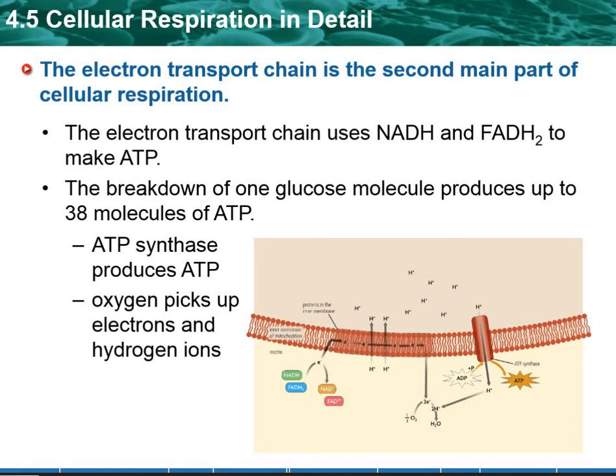If we didn't have oxygen there to pick up those hydrogens and electrons, they would reattach to the electron carriers, but they wouldn't have high energy, and so you wouldn't be able to continue to make energy. So the oxygen is important to come there, grab those, take them away, and we breathe out water as a waste product at that point in time. So that is the end of the notes for sections 4 and 5.